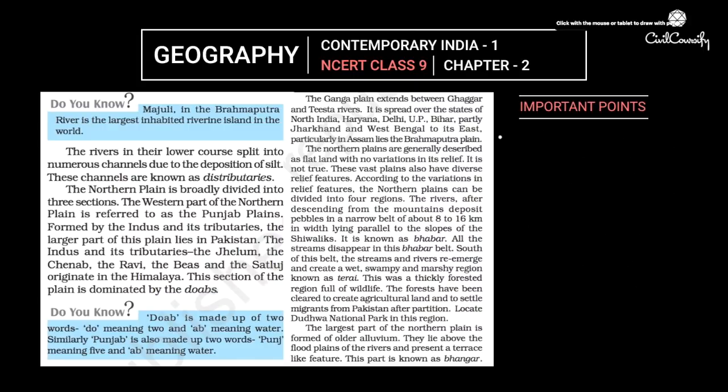All right. Next is the concept of Bhabar, Terai, Bhangar, and Khadar. The rivers descend from the Himalayas, their source, and move towards their final destination. They go through a lot of phases, and these phases are broken into four parts. The first one is the Bhabar.